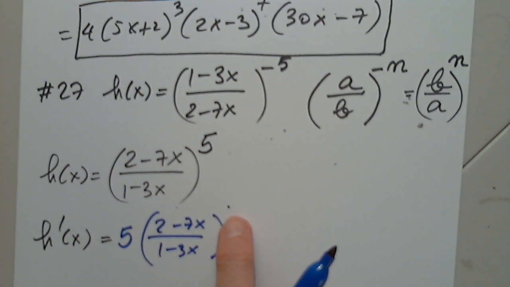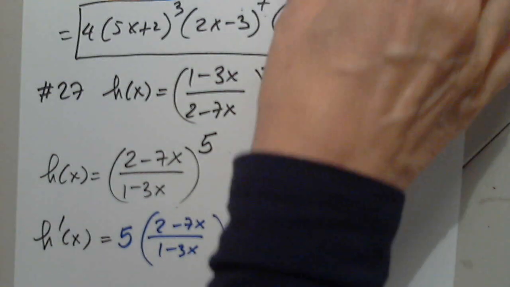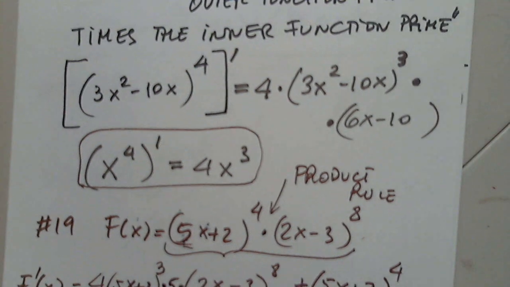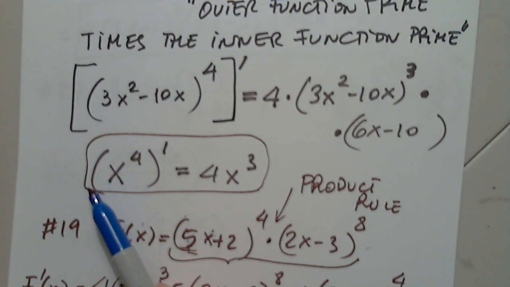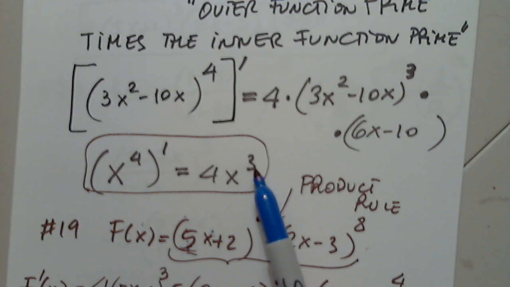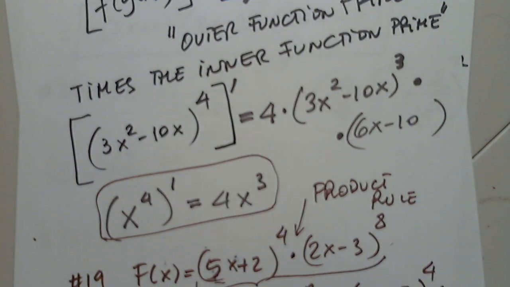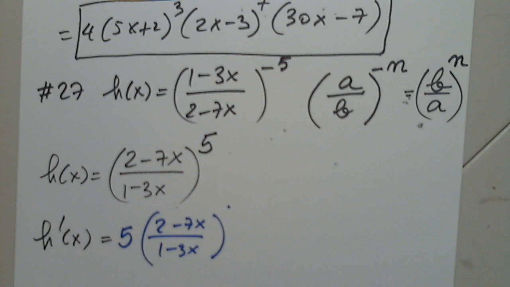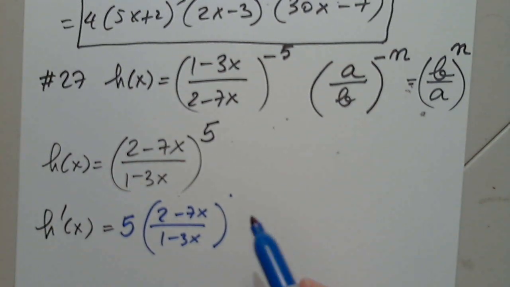To which power? Is it going to be 2? But we have this rule. We bring down 4. We subtract 1 from the power. So then, the 4th power?